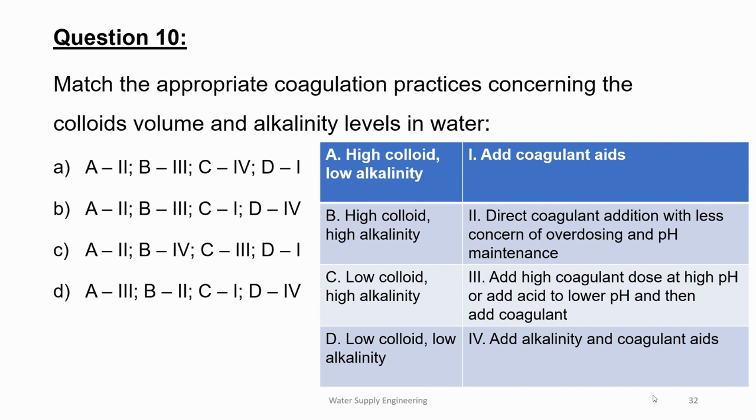Okay. So moving on to the next question, question number 10. Match the appropriate coagulation practices concerning the colloid's volume and alkalinity levels in water. So in the first column we have A, high colloid, low alkalinity. B, high colloid, high alkalinity. C, low colloid, high alkalinity. D, low colloid, low alkalinity.